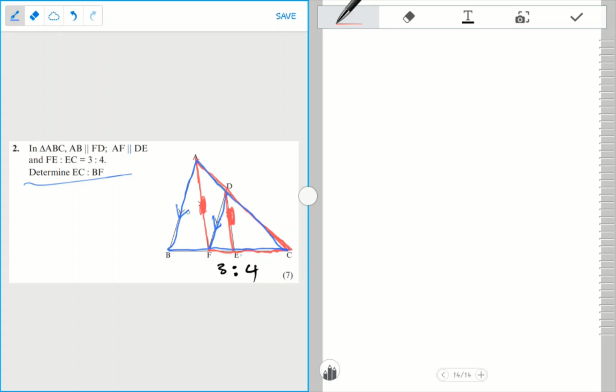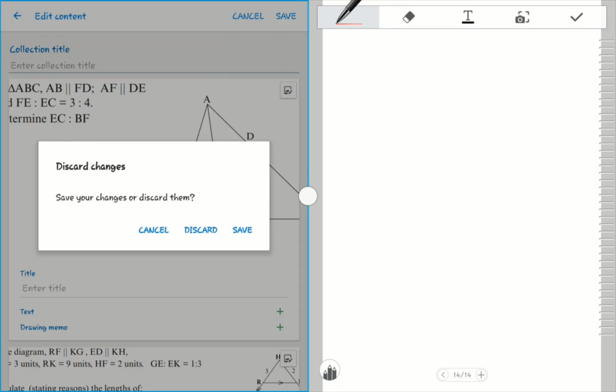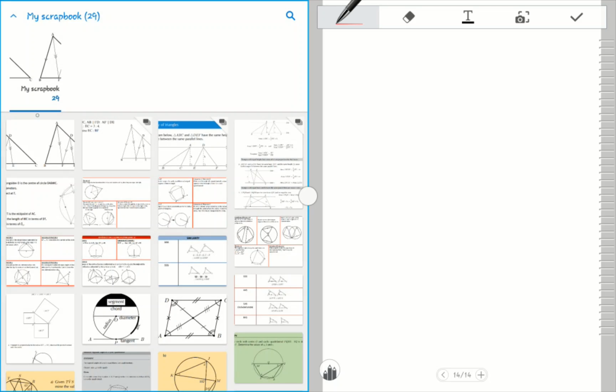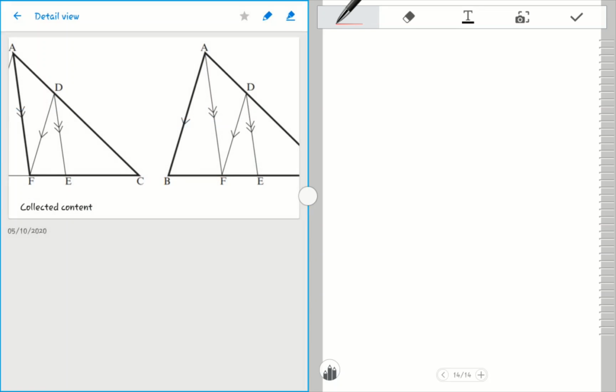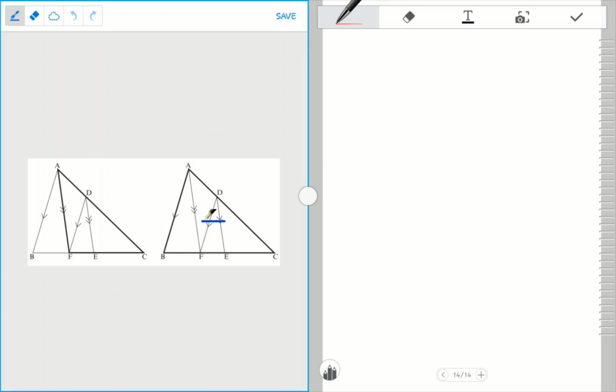Okay, so let me show you what I'm trying to imply here. I also have the drawing which I'm trying to emphasize here. This is what we mean.